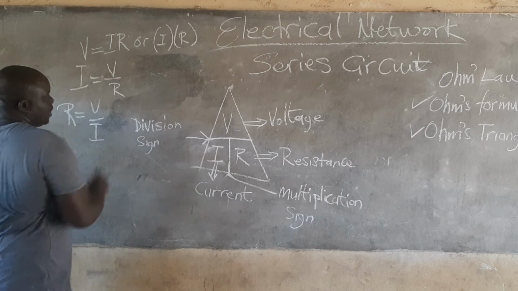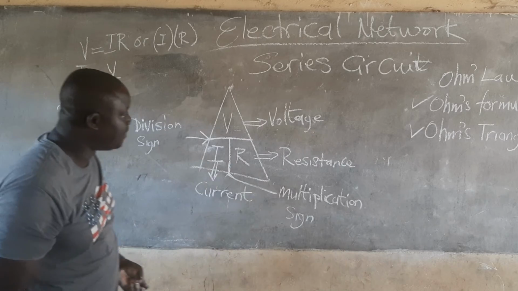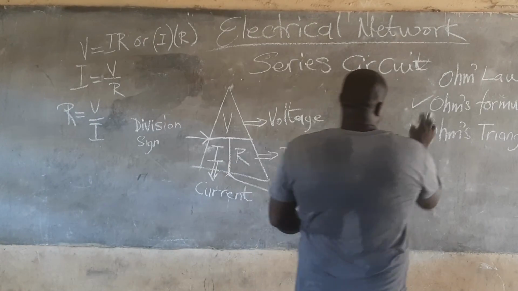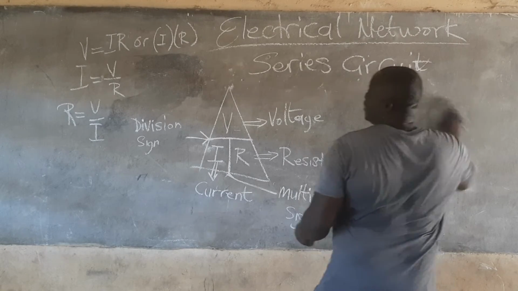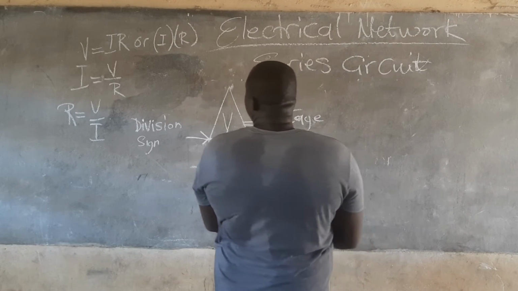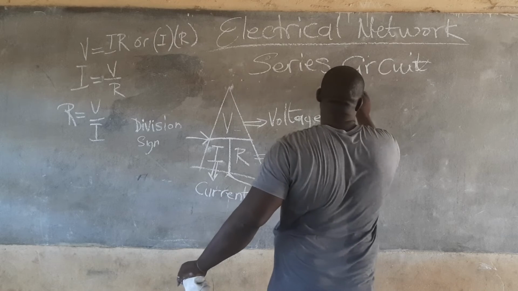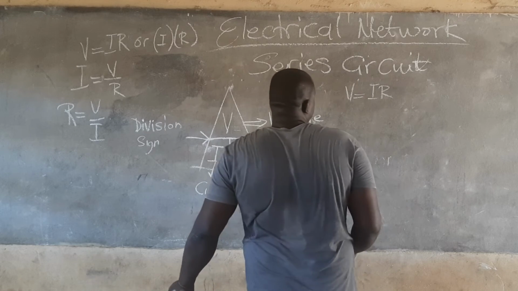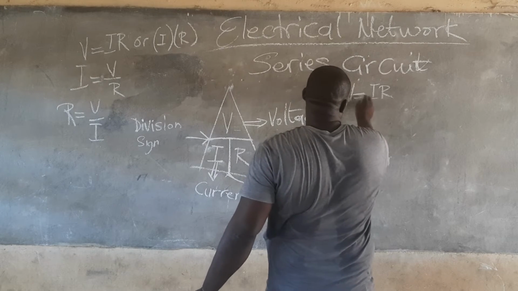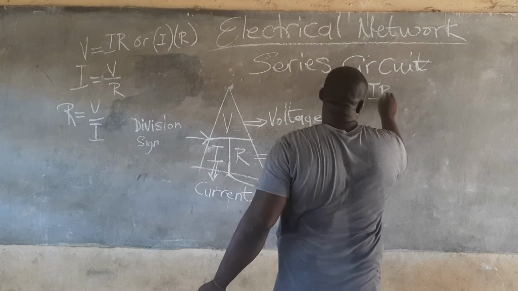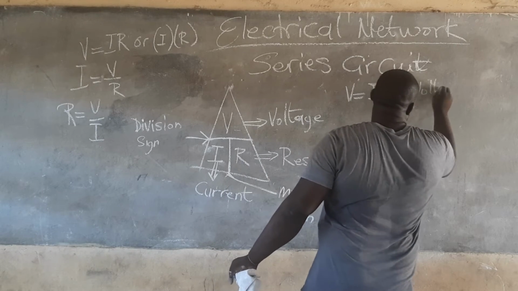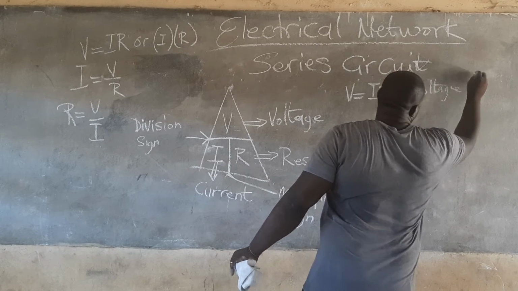So let me go through them again. V is equal to I times R, it's a voltage formula.